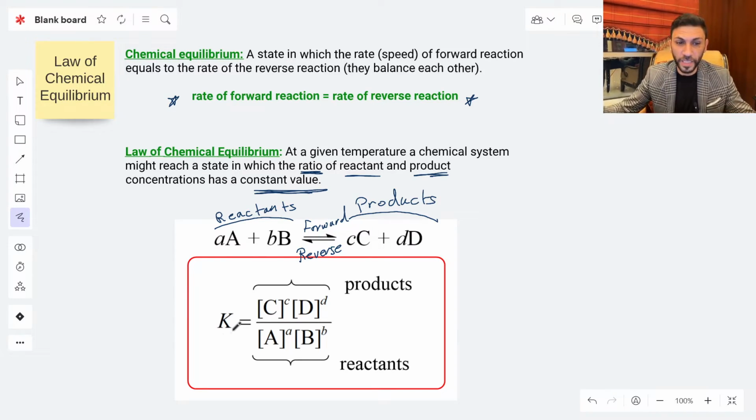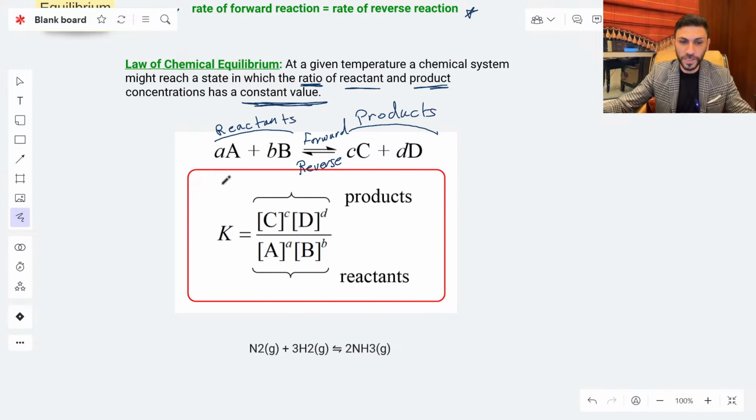Therefore, as you can see here, we said the ratio of products and reactants is constant. It has a constant value. So the constant here equals the concentration of C to the power of its number of moles multiplied by the concentration of D to the power of its moles.